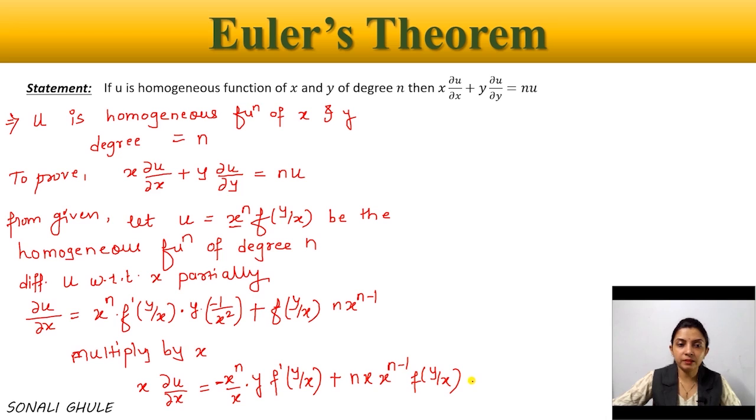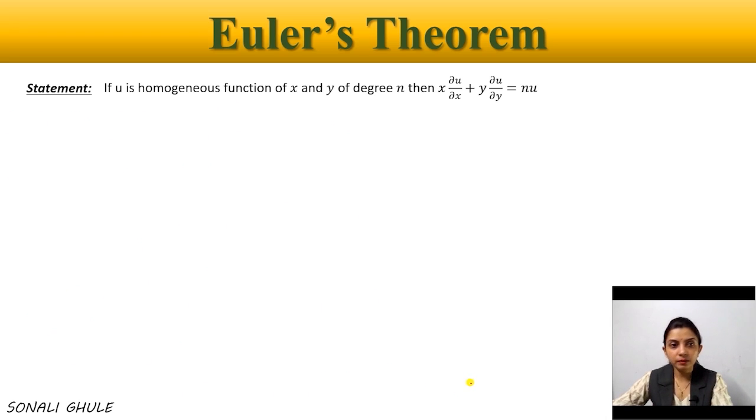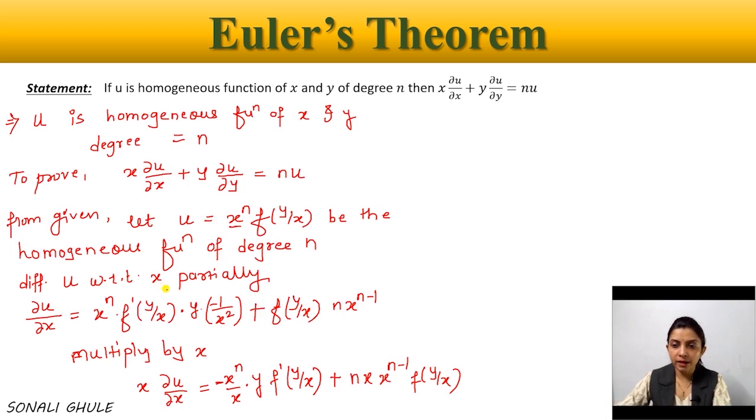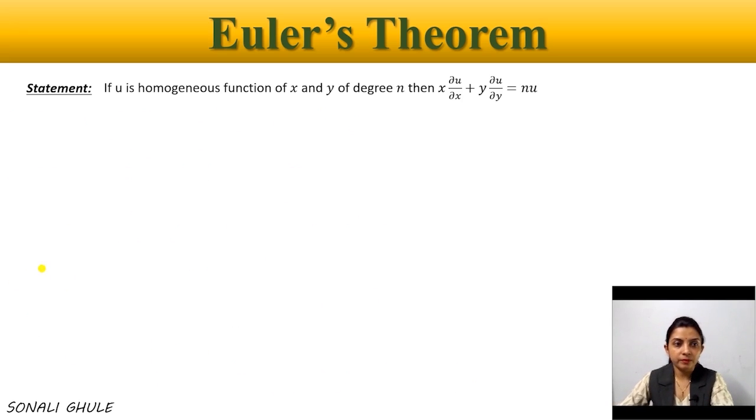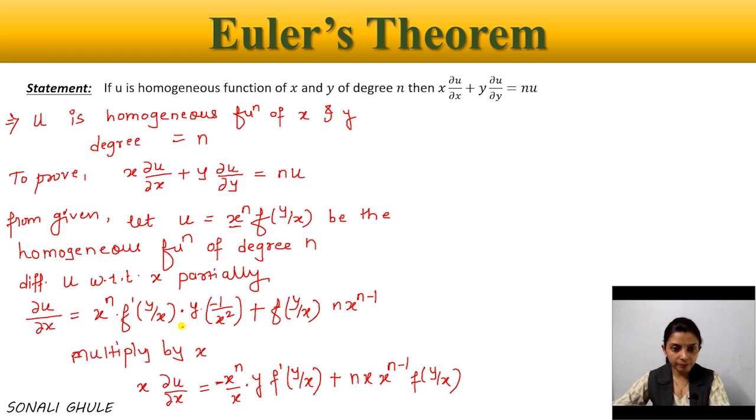Now, let's simplify the term. So here, what I have to do: x ∂u/∂x. Okay. So I can write here x ∂u/∂x is equal to, okay, let's simplify the term here. This x is dividing this x^n.